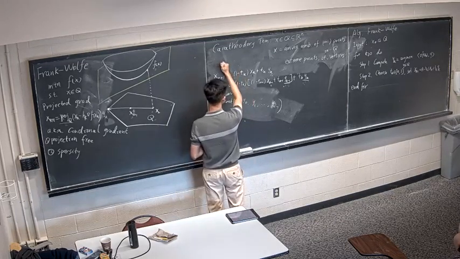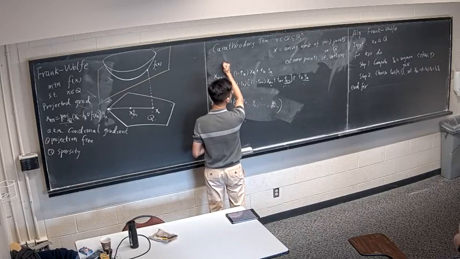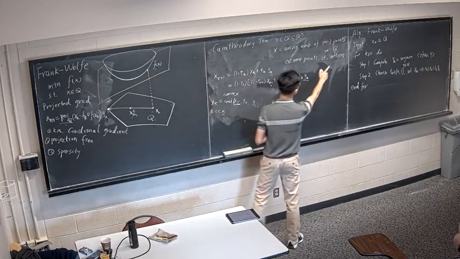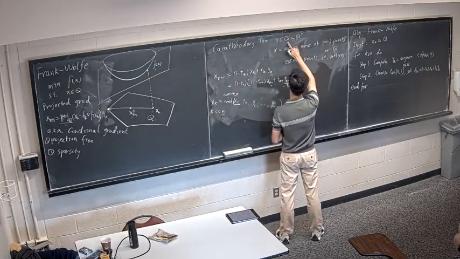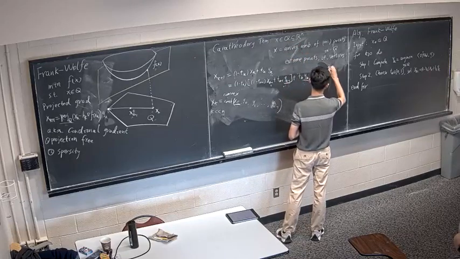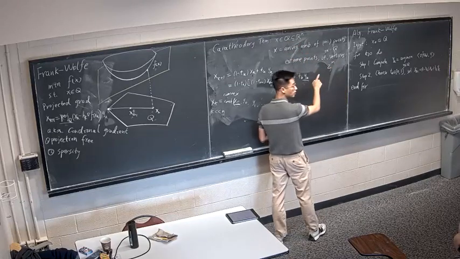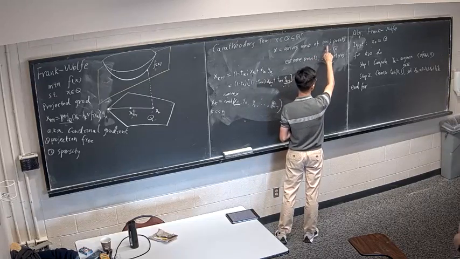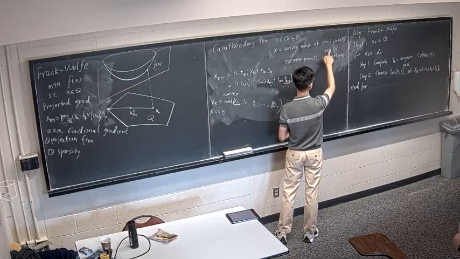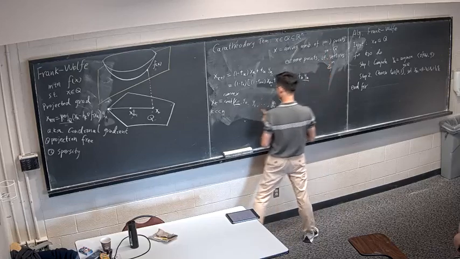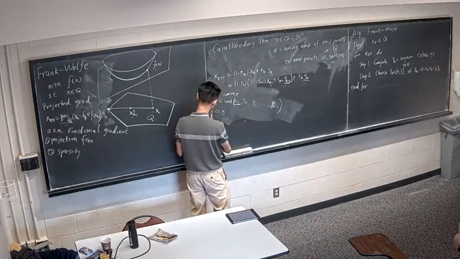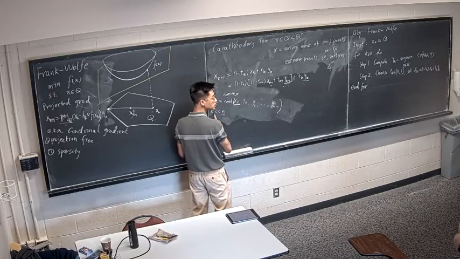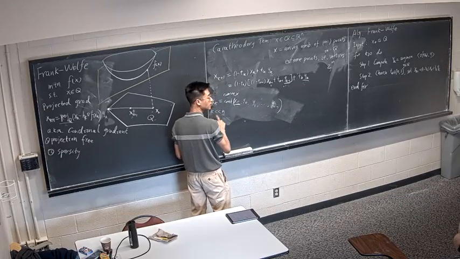And also note that in the extreme case, the number of vertices for an n-dimensional polytope can be as large as 2 to the n. But here we only use at most n plus 1 points. So this is already a sparse representation. But here we are using a number k much smaller than n. So this is even sparser, right?